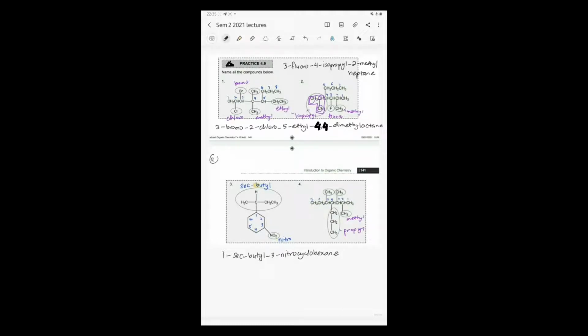So the name is 2,3,5, we have 3 methyl, trimethyl, and then 4-propyl. Now don't be too excited to use isopropyl or other than that. This is propyl because this is straight. And we have 7 carbons in the longest carbon chain. The parent name is heptane.